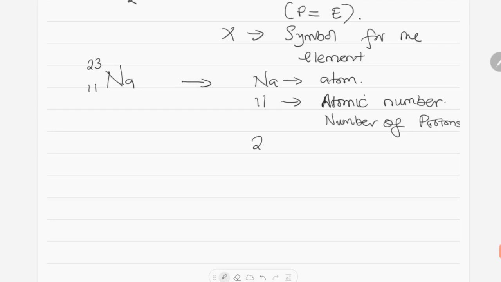Then 23 is equal to the mass number. Mass number, as I said, is the sum of protons and neutrons in an atom.